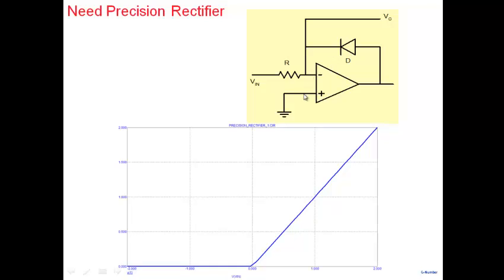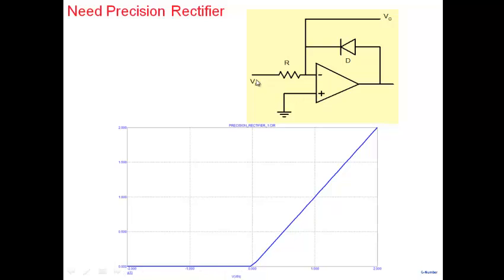Therefore, the voltage at the inverting input will be close to 0, because the non-inverting input is 0, and we'll get an output voltage V0 equal to 0. So for all negative voltages, the feedback loop is operating, this is a virtual ground, and the output voltage is 0. Alright, so this part we get here.